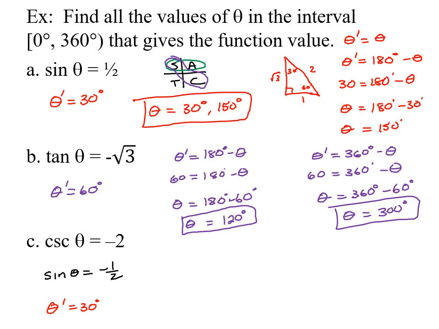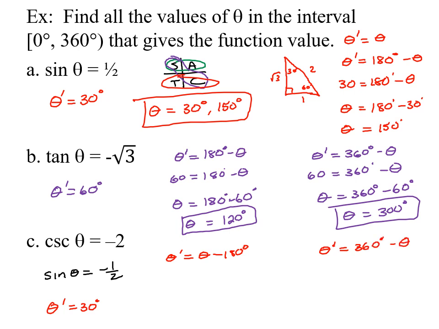But we're in two different quadrants. Now we're in the bottom two, quadrant 3 and 4. So for quadrant 3, that formula is that your reference angle is the angle minus 180, and in quadrant 4, same as before, it's 360 minus the angle.